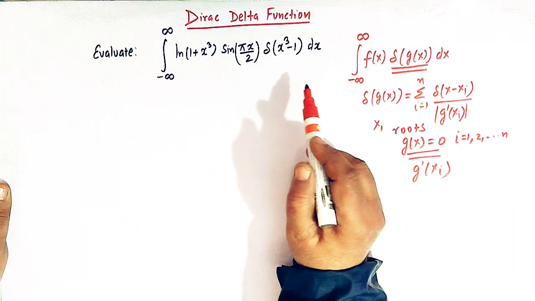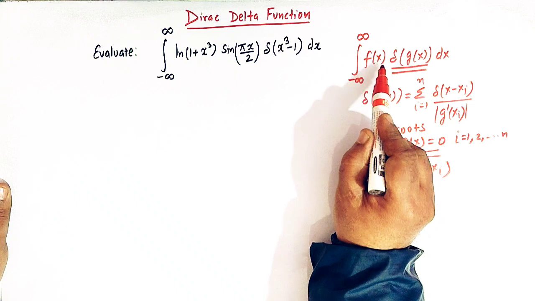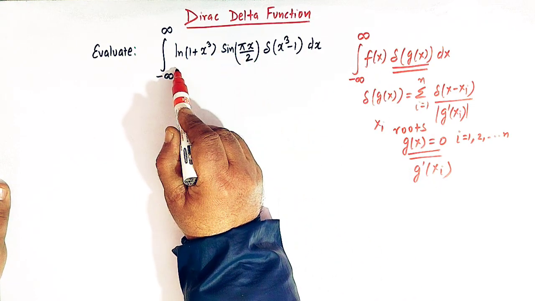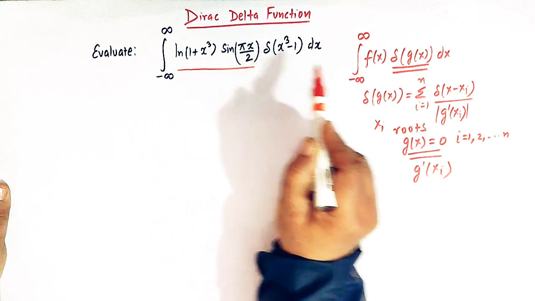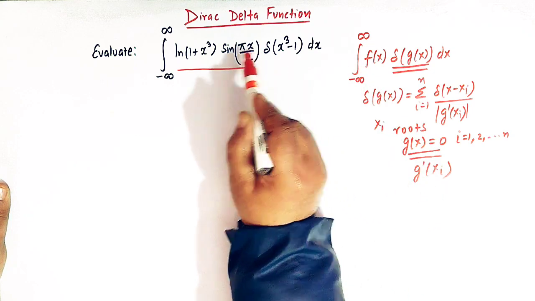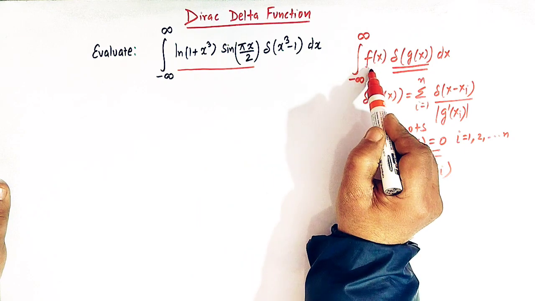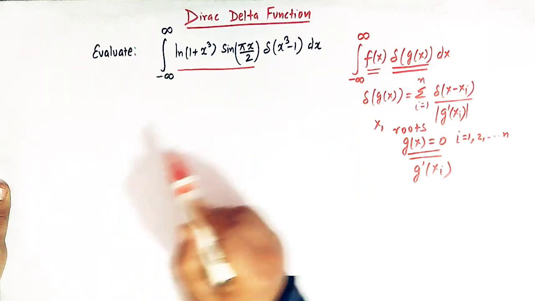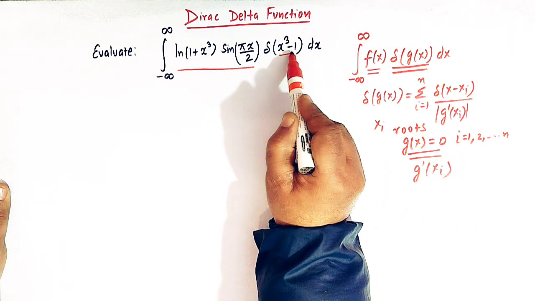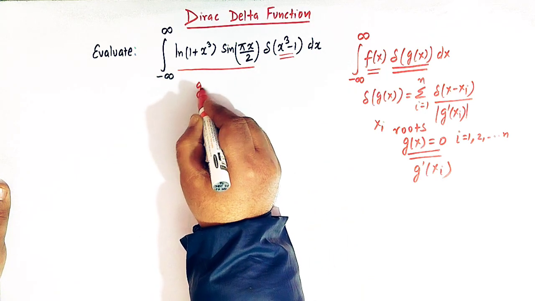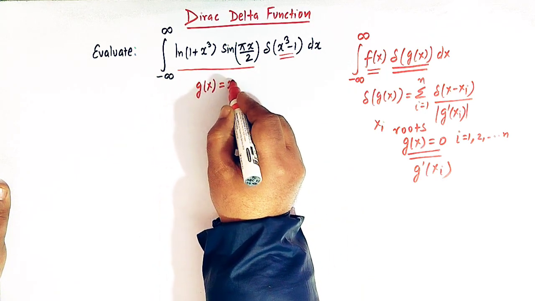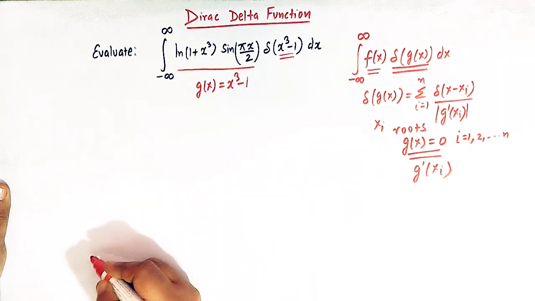Now if we compare this integral with this one, log of 1 plus x cube sine pi x over 2 is our function f of x, and g of x is equal to x cube minus 1.